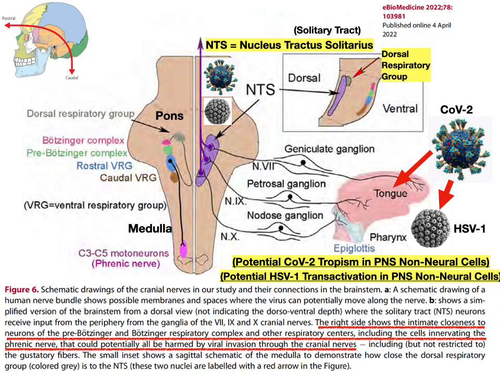And this dramatically changes the chronicity of the COVID infection, can prolong it and expand its dimensions. And what we're discussing here is how CoV-2 and/or the reactivation of HSV1 could be impacting the brainstem and thus affecting functions like respiration.